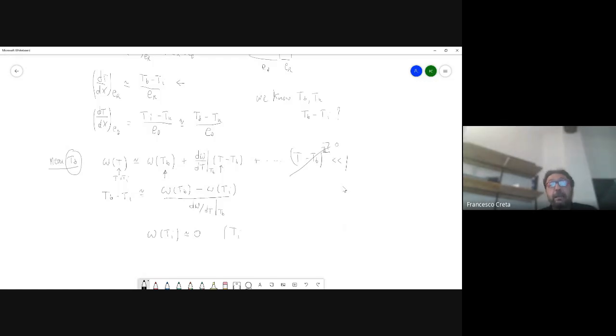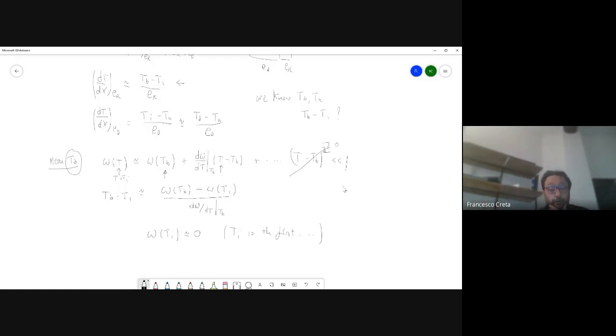Because Ti is, well, you can write it yourself, the first temperature for which we can say that omega starts being non-zero. Remember that, again, I have to stress this many times, the exponential form of the Arrhenius reaction rate expression mandates that essentially the reaction rate is almost zero for almost all temperatures, apart from temperatures that are very close to the maximum temperature.